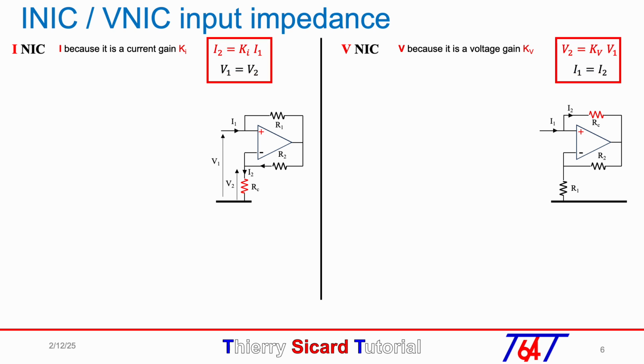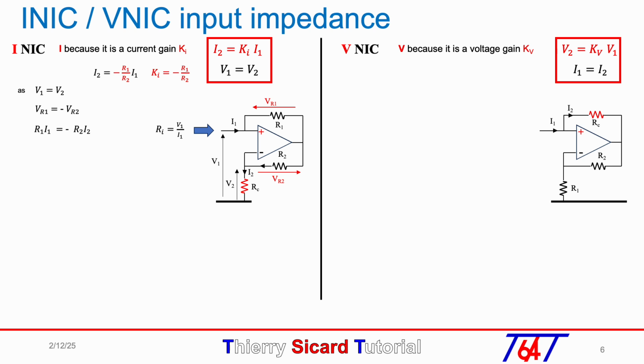Now we will calculate the INIC input impedance defined by Ri equal V1 over I1. As V1 equal V2, VR1 equal minus VR2. So R1 times I1 equal minus R2 times I2. From this relation, we find the gain Ki because I2 equal minus R1 over R2 times I1.